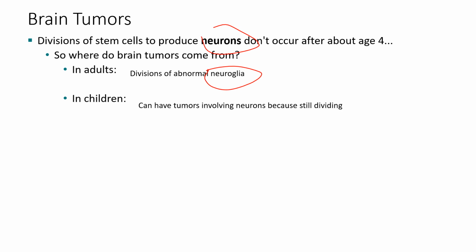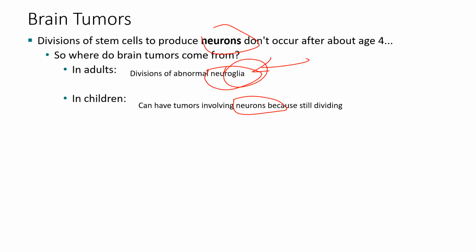In children, we can have tumors involving the neurons because those neurons are still dividing. But in adults, most of the brain tumors we see are related to those neuroglia. So you might have heard of tumors like a glioblastoma, and that would make sense now that you know that we have these neuroglial cells.